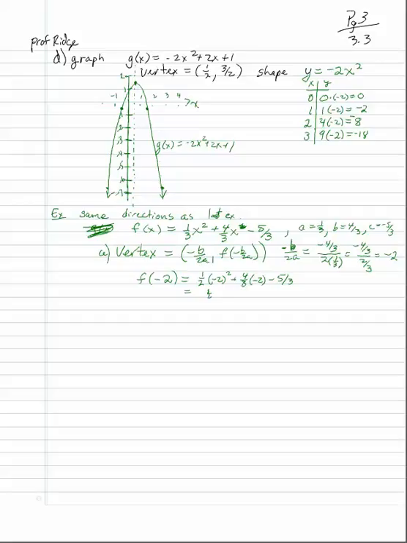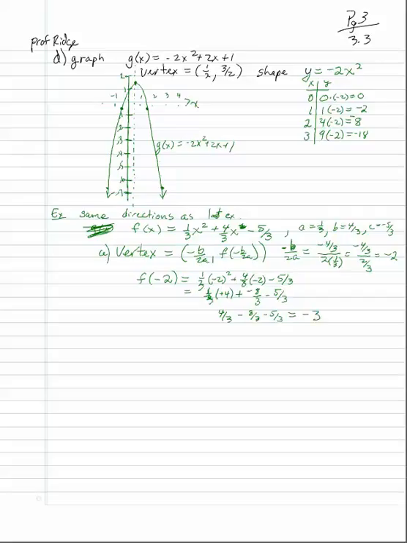So we've got 4/3 minus 8/3 minus 5/3, which will be negative 9/3, which is negative 3.